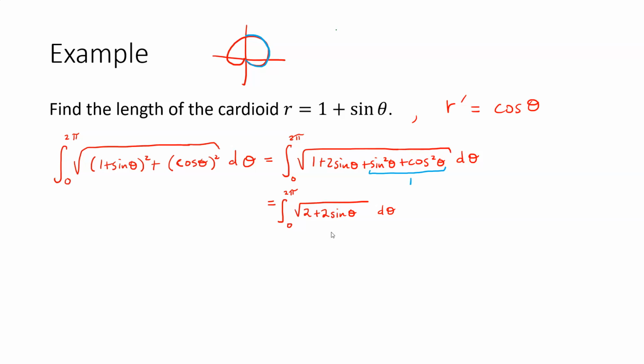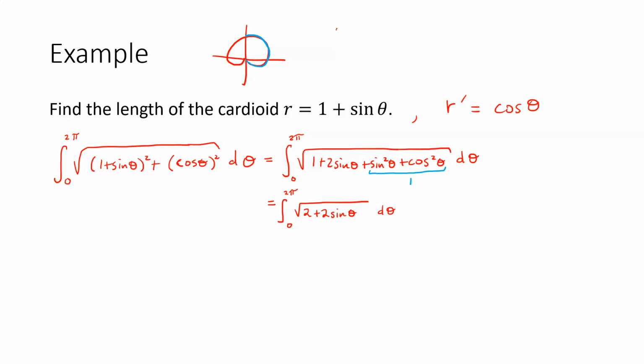Now let's think about how we can evaluate this remaining integral. One trick we can do is sort of like a conjugate trick. In other words, I can multiply the integrand here by the square root of 2 minus 2 sine theta.